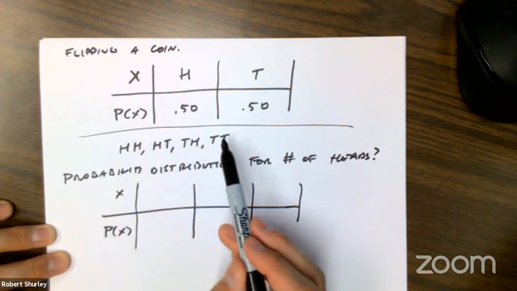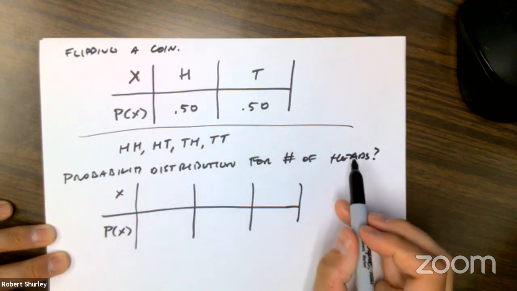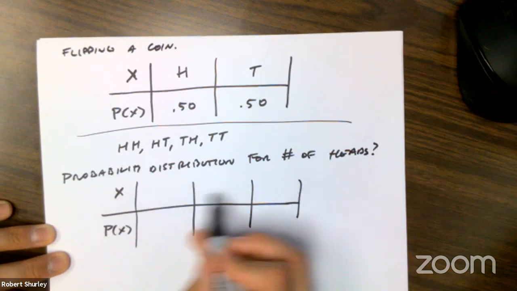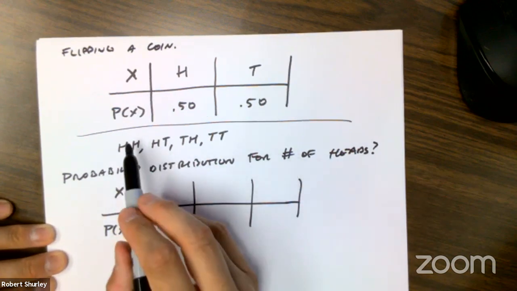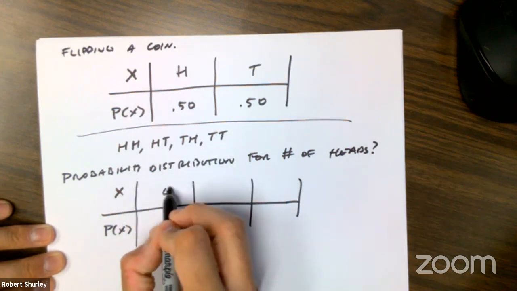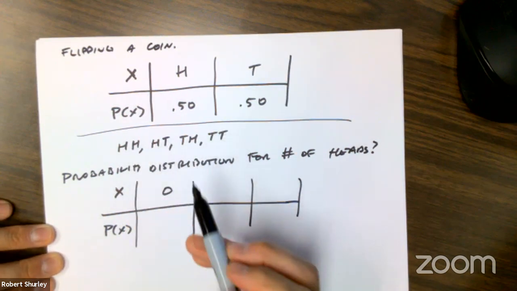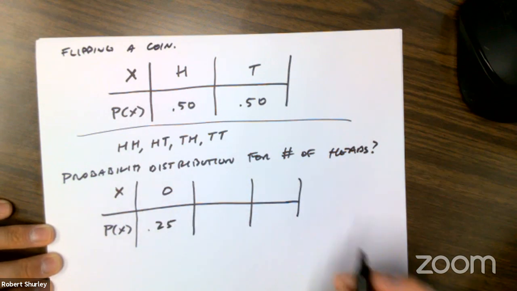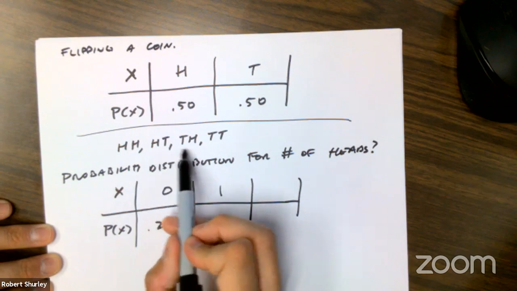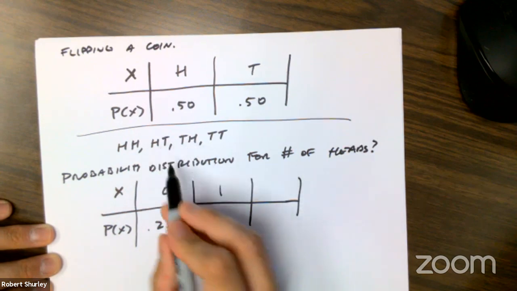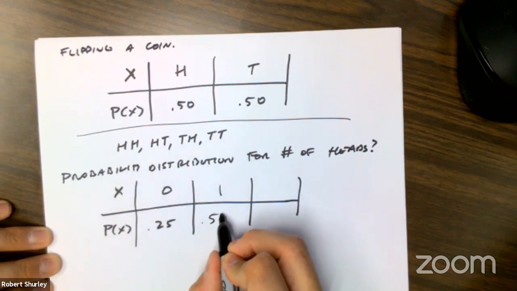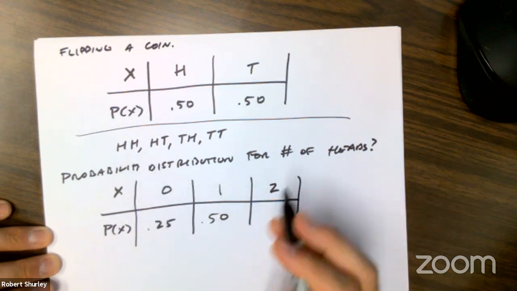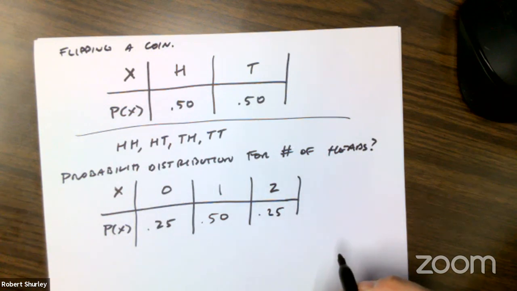If you look at our four different things that can happen, and we're looking at the number of heads, so X is, again, this row is what can happen. We could have no heads, right? We get two tails, no heads. That happens 1 out of 4 times, so 0.25, right? We could have one head. That happens twice here, 2 out of 4, so that's 0.50. Or we could have both heads, so 2 heads, and that's going to happen 0.25 of the time.